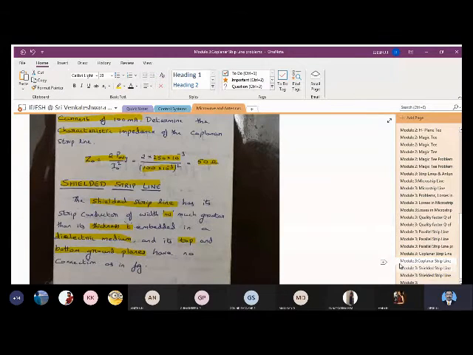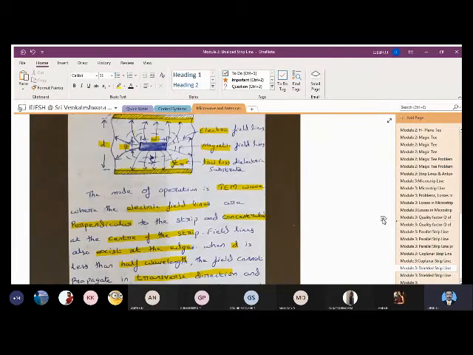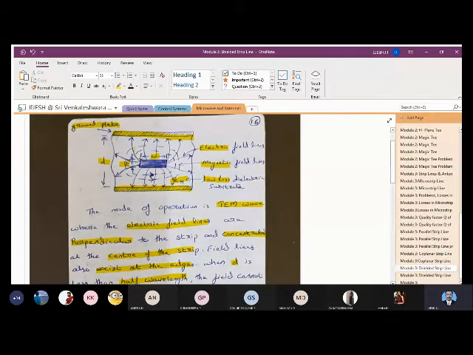That is what you have also seen in the figure, where the ground plane is there, and the center portion is the strip line, surrounded by the magnetic and electric fields. Then you have the ground planes at the top and bottom, and the dielectric medium separated by a distance d.